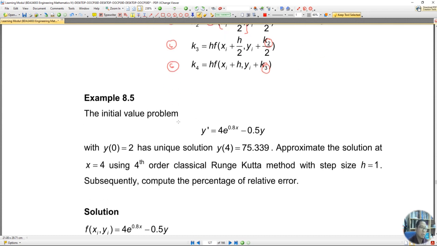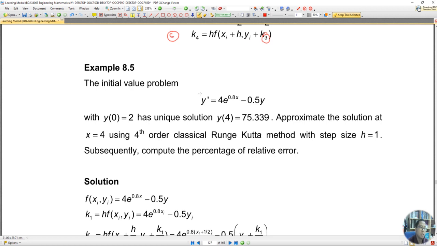So we go to example 8.5. The initial value problem where we have this kind of function: y prime is equal to 4e to the power of 0.8x minus 0.5y, with x equal to 0, y equal to 2.